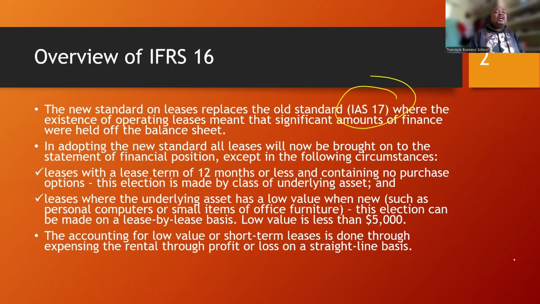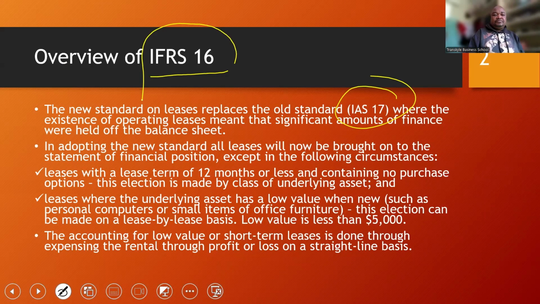They involved large sums of money, but were not captured by the statement of financial position, which is the snapshot of a business's financial health at a given time. Recognizing that mismatch, the International Accounting Standards Board, IASB, decided to come up with something so useful to the market. That is why we ended up having IFRS 16.